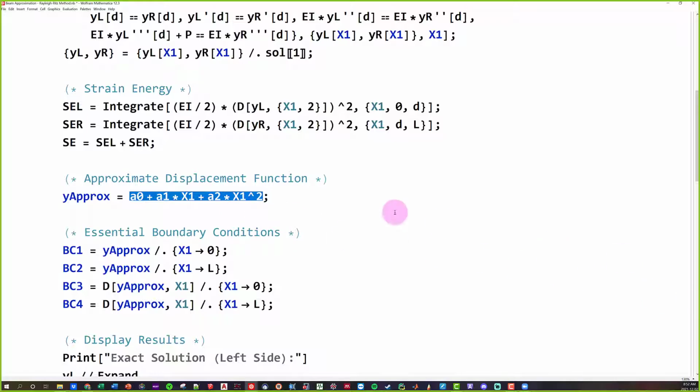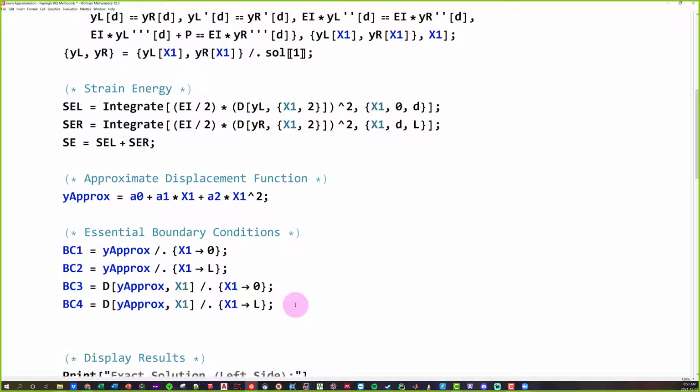How many coefficients am I trying to solve for? 3. So let's just take a shot in the dark here. Can I solve my approximation function for a second order polynomial using just essential boundary conditions?